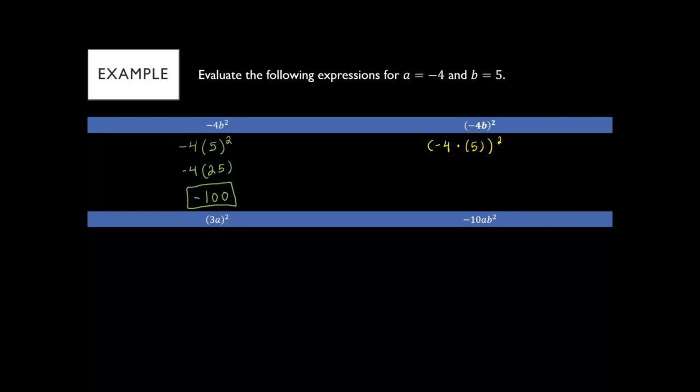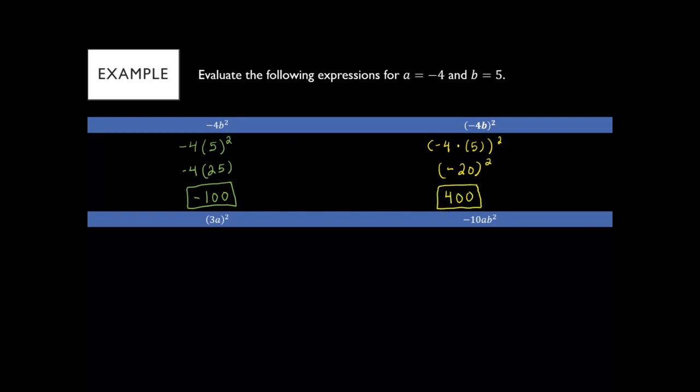Order of operations says we do inside the parentheses first before the exponent, because it's parentheses before exponents. So I need to do negative 4 times 5 first, which is negative 20. And then I do my exponent. Negative 20 squared is negative 20 times negative 20, which gives us a positive 400.